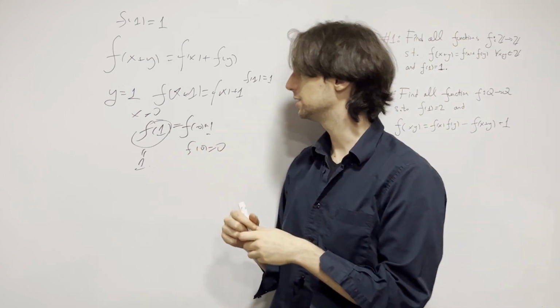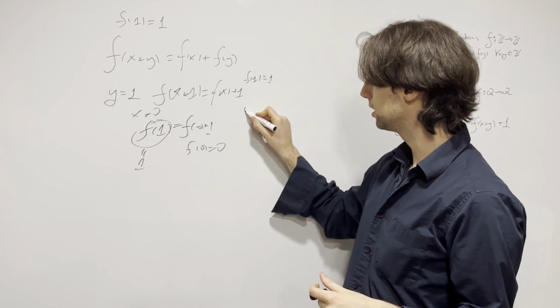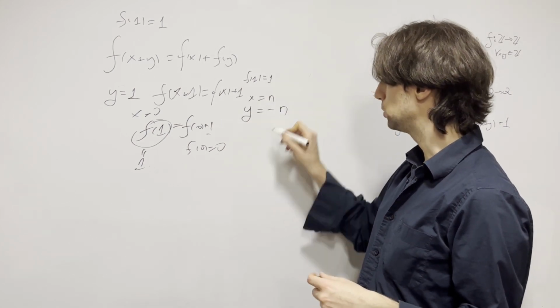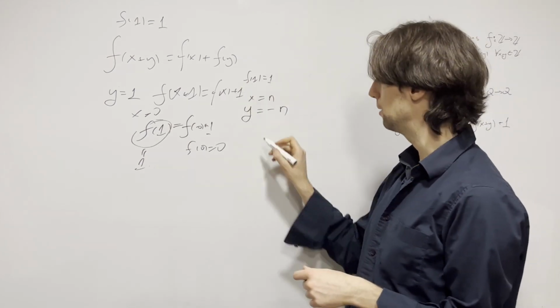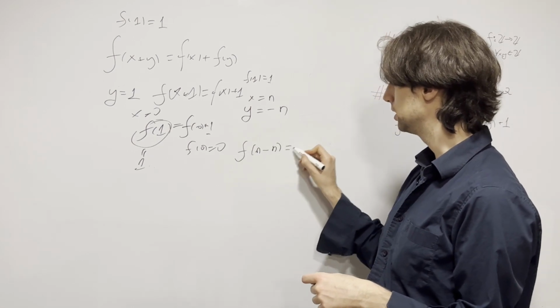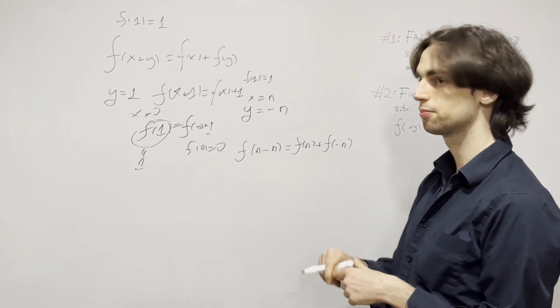Another way of going about the same thing is, once I have this, if I plug in x equal to some n and y equal to negative n, what will I have? I will have f of n minus n is going to equal f of n plus f of negative n.